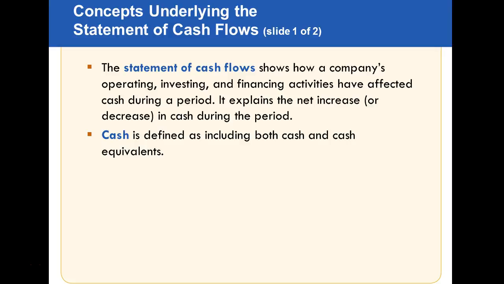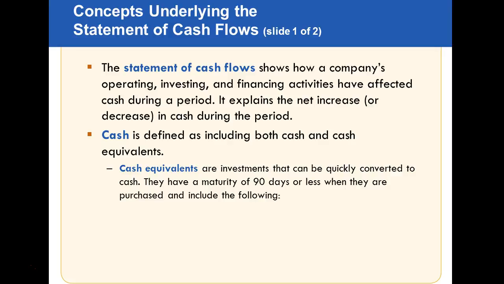So the statement of cash flows shows how a company operates, invests, and finances various activities, and how those various activities have affected cash during a period. It helps understand if cash has increased or decreased during the period and why. Cash is defined as using cash and what we call cash equivalents.